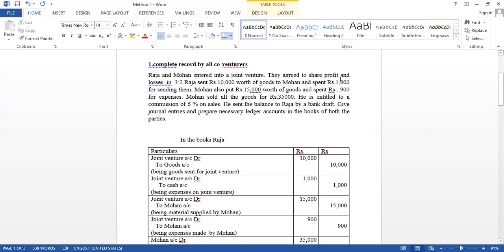Goods in transit amount is 1,000. Raja sent 10,000 worth of goods and made expenses of rupees 1,000. Mohan also put rupees 15,000 worth of goods and spent rupees 900. Mohan also contributed goods and made expenses.